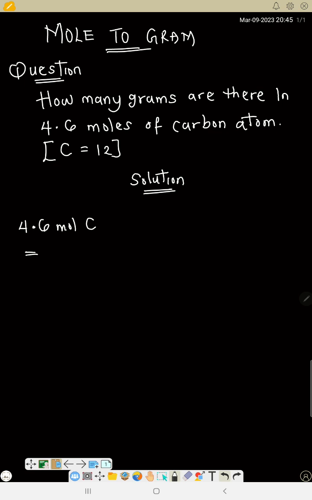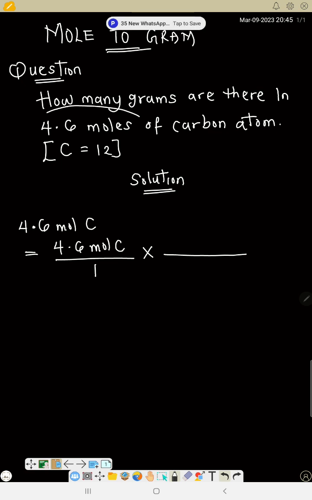That's the meaning. So start with that 4.6 mole divided by 1 times. In this method, always start with what you have in the question. You have 4.6 moles of carbon.